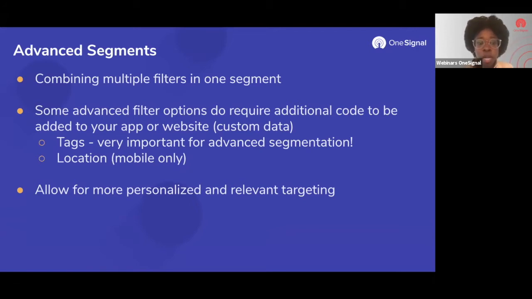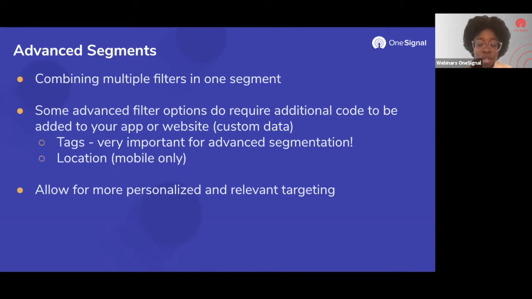One is the form of what we call tags. Essentially, these are just user attributes. They are very important for advanced segmentation, but it does require a bit of setup work and a small bit of code first to have that custom data or custom tags sent to OneSignal.